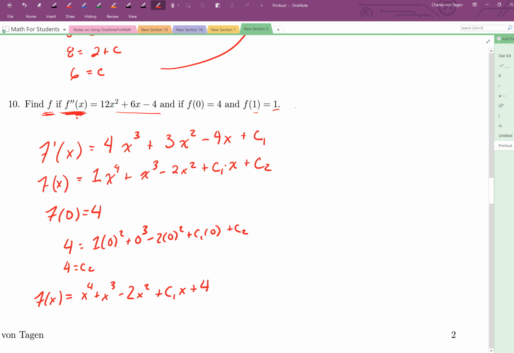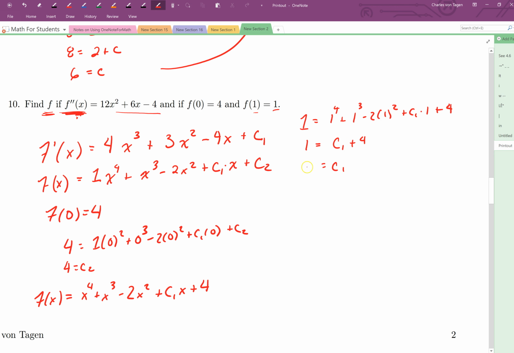We know that when x is 1, it has to output a 1, so 1 needs to equal 1 to the fourth plus 1 to the third minus 2 times 1 squared plus c1 times 1 plus 4. And now let's determine what c1 has to be to make that true. So we get 1 is equal to, let's see, 1 plus 1 minus 2. So those all cancel. 1 times c1 is c1 plus 4.